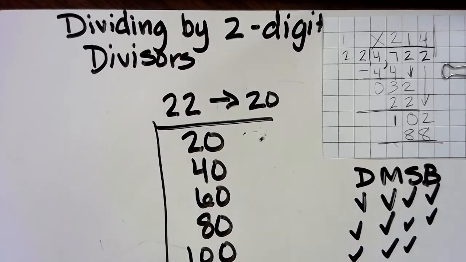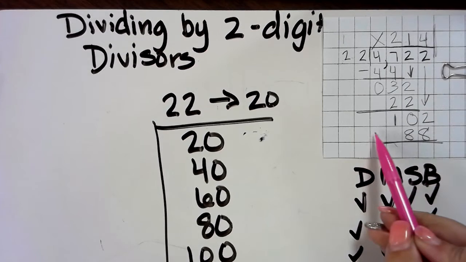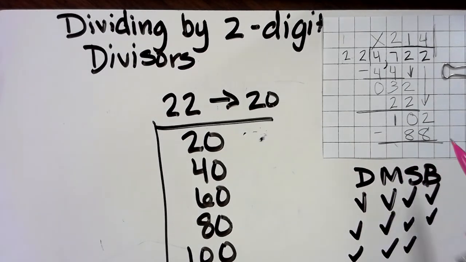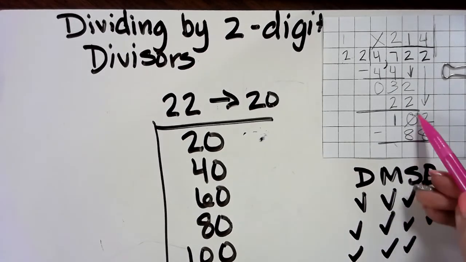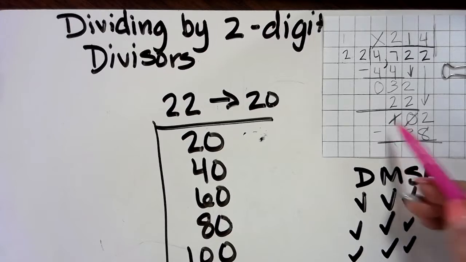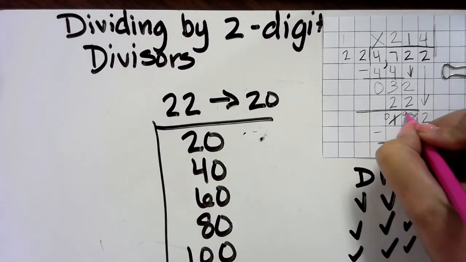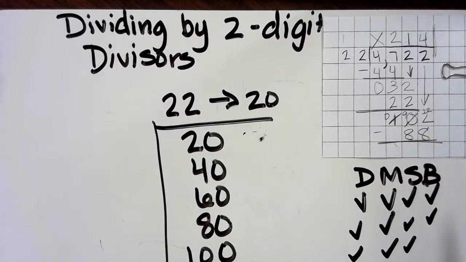So I brought down, I divided, I multiplied. Now I need to subtract. So 102 minus 88. Well, I can't take 8 from 2. So I come over here and I borrow, but I don't have anything. I borrow, this is 0. This is 9. This would be 12. 12 minus 8. 8, 9, 10, 11, 12.